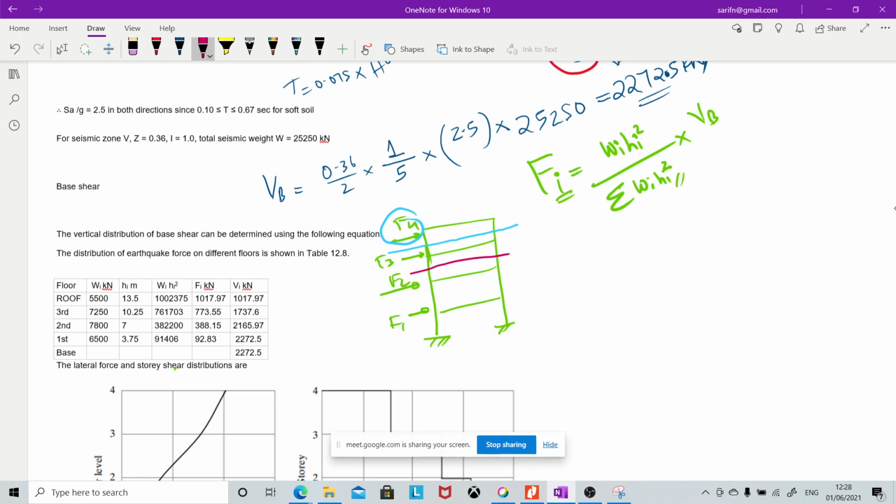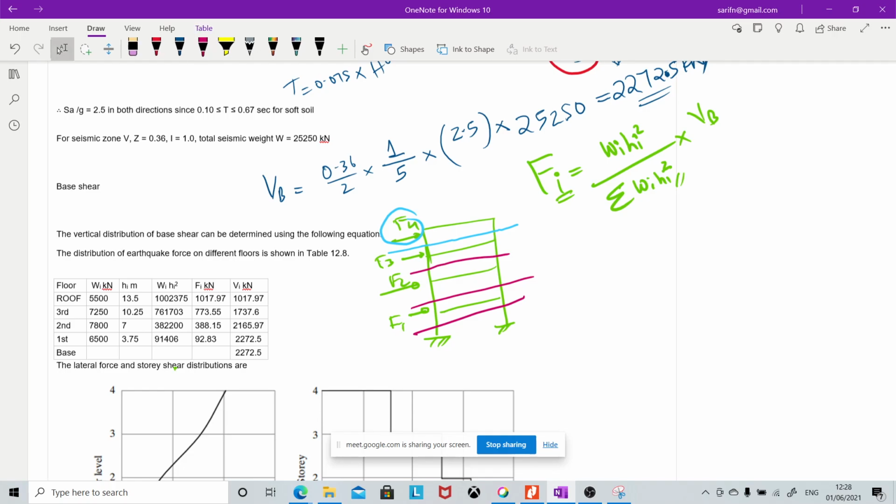Whatever load is above it acts as the story shear in that story. If I am coming here, it will be F2 plus F3 plus F4. And if I am coming here, it is going to be F1 plus F2 plus F3 plus F4, which is nothing but the base shear itself.